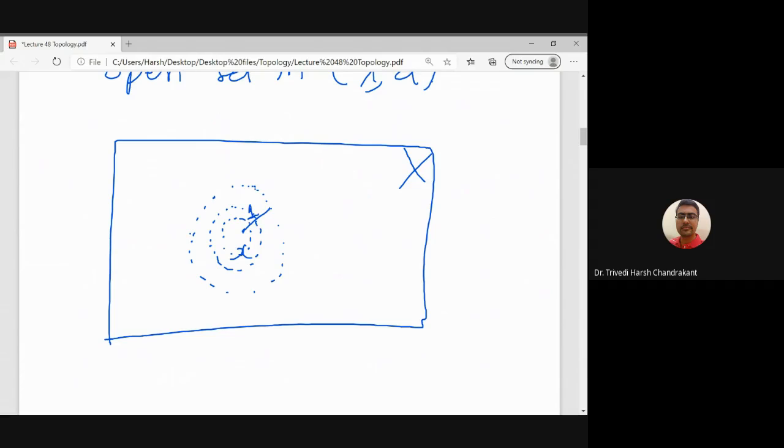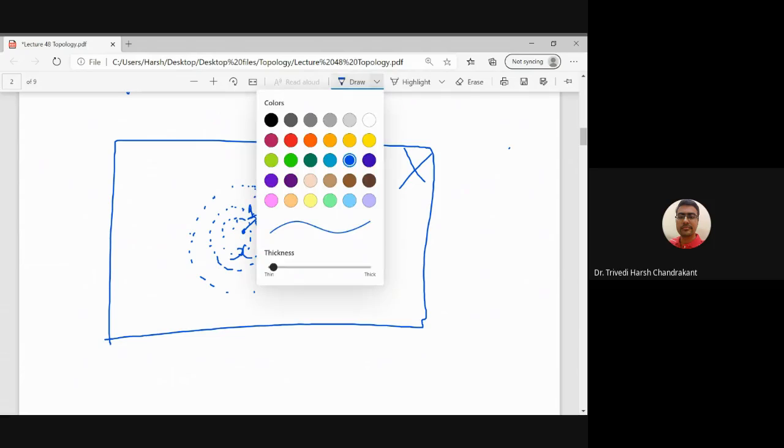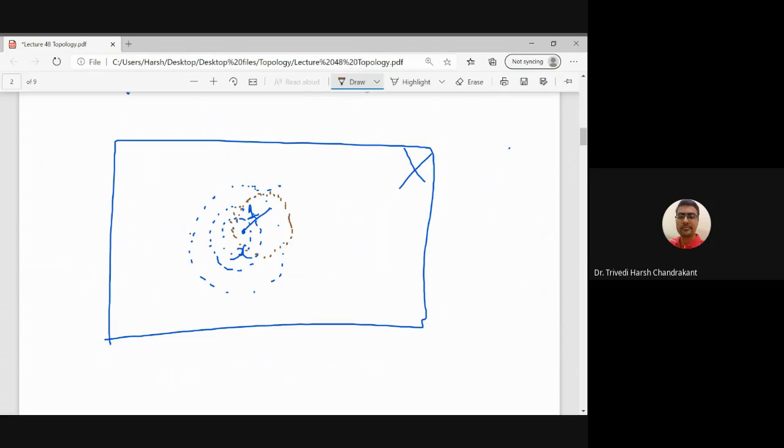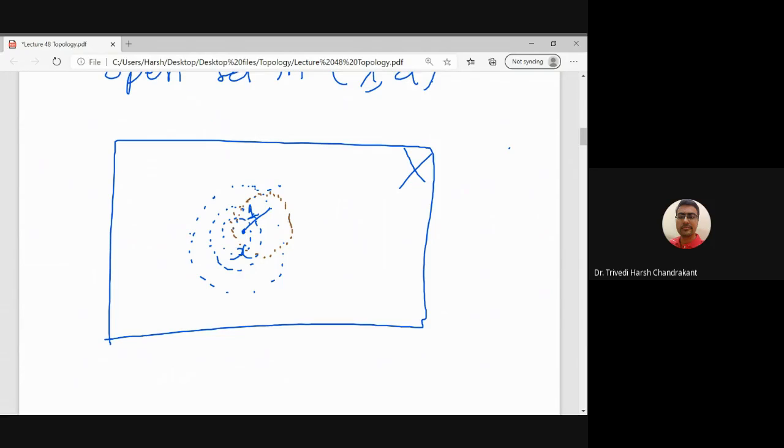Now what we will do is select any open set around x. Suppose we are taking this particular ball. This is an open set which contains x, and you can see that there is at least one natural number we can find so that this open set U will intersect with one of the balls.